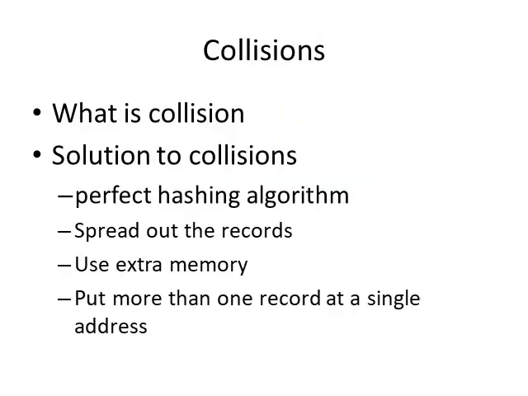Now what do we mean by collision? Suppose in the previous slide we had seen the home address, but what will happen if I have Lowell as one key and LO as one more key? If I consider both first two characters, what will happen?